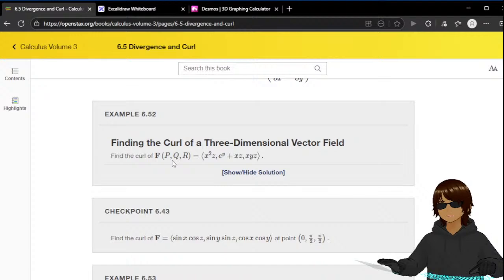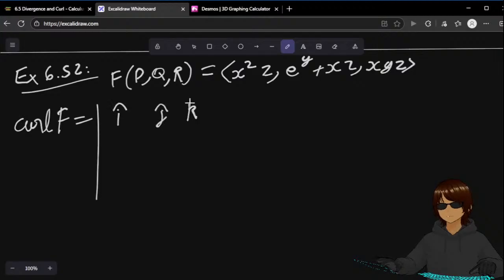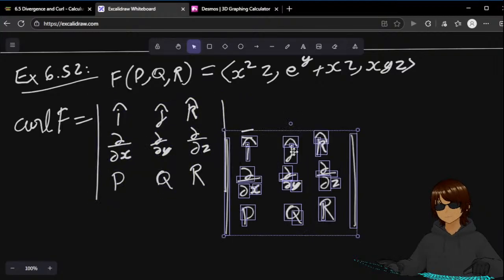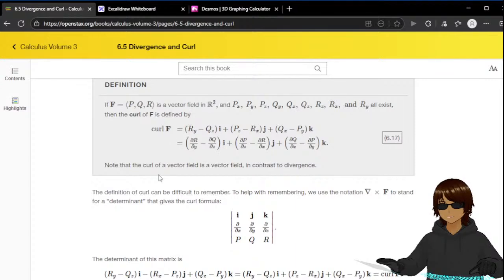Is there some notation for curl or do I just write curl? Determine the curl of F, where F = (x squared z, e to the power of y + xz, xyz).